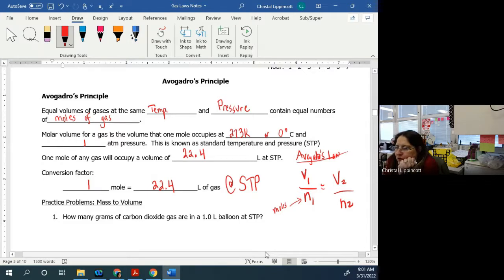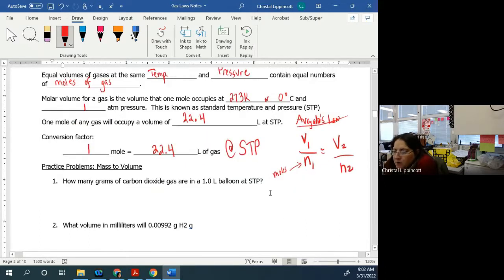And that's when your temp and pressure are held the same. N is the universal abbreviation for moles because mass is M. So they had to figure out something else, and that's the next letter, so why not use that?